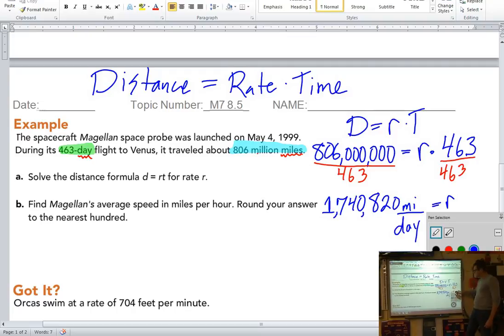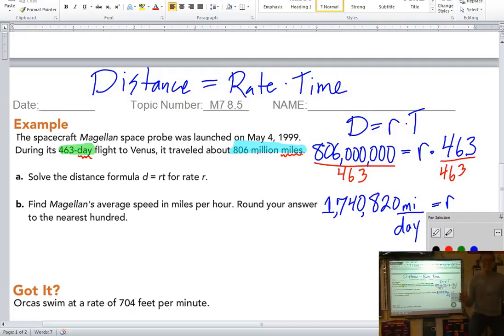Oh, dang. You divide that by 24. If we divide that by 24, Justin is taking us to the next step. If we divide by 24, that's going to give us miles per hour, which is still, what is it? 72,534.1976.